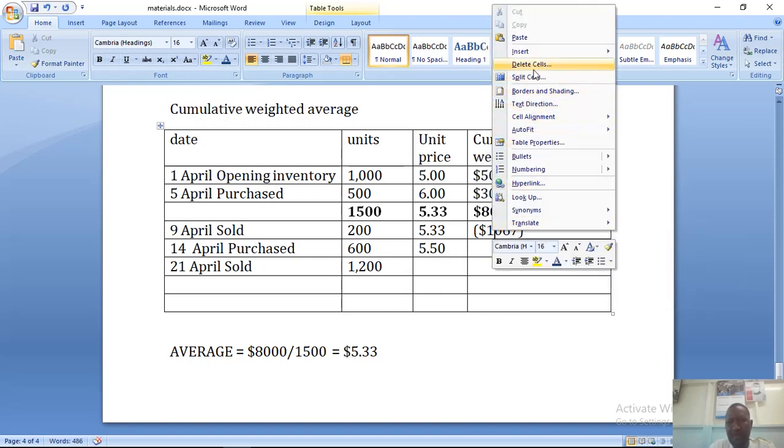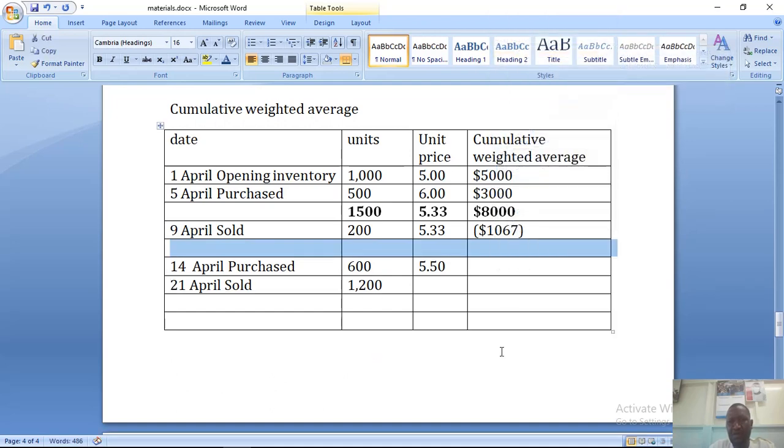So what are we remaining with after this issue? We should expect that the units remaining will be the 1,500 units that we had before we issued 200. Now we have issued 200, and so we should remain with 1,300 units. In terms of money, how much is remaining?